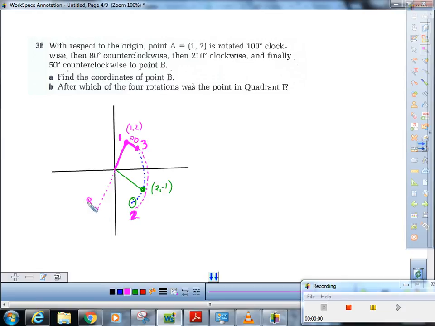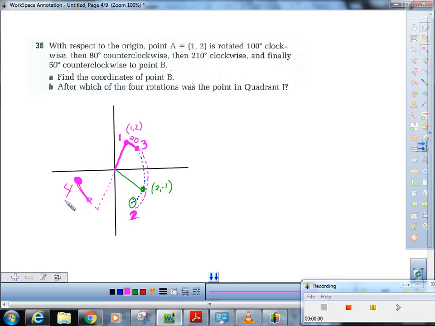So this would be 180, and then I've got to go 30 degrees more. So, let's see. This is position 4. Now, I'm worried that that might be on the axis. But I don't have any way of knowing that yet, so let me keep going.